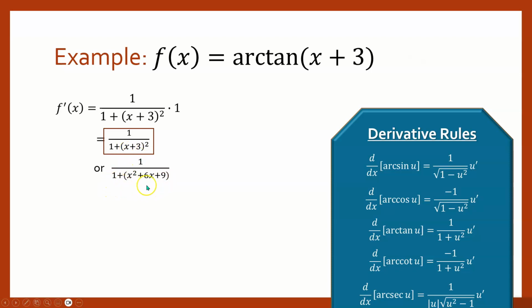And then we can combine the 1 and the 9 and write this as 1 over x squared plus 6x plus 10. So there, and to look at that, you wouldn't think that had anything to do with trigonometric functions or inverse trigonometric functions, but that is what you get for the derivative of the function arctangent of x plus 3.